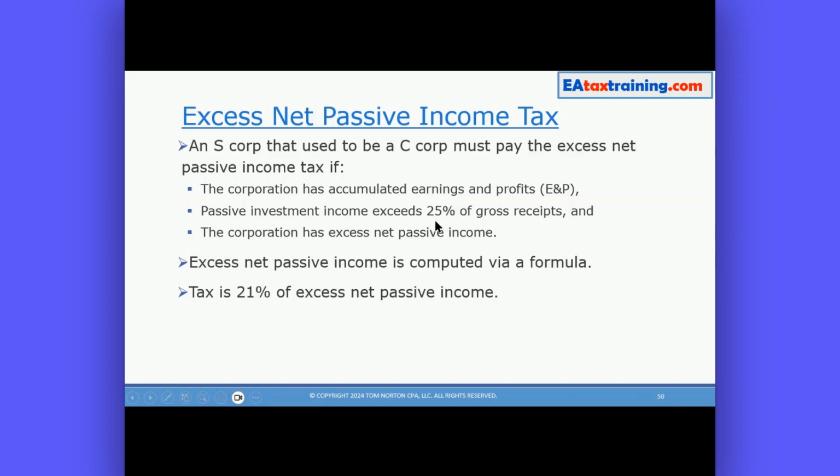So there's 2 different kinds of penalties that can happen if you've got this excess passive income. The first is you can lose your S corp status if you have that for 3 years in a row, this 25% or more of gross receipts for 3 years in a row. And then the second kind of penalty is you can have to pay this tax if you have this excess net passive income.